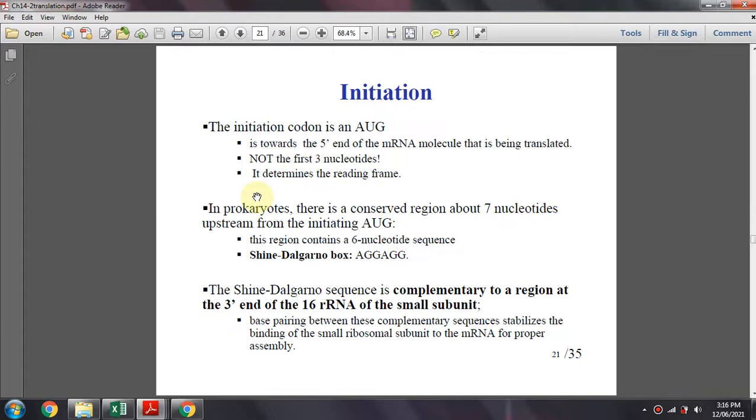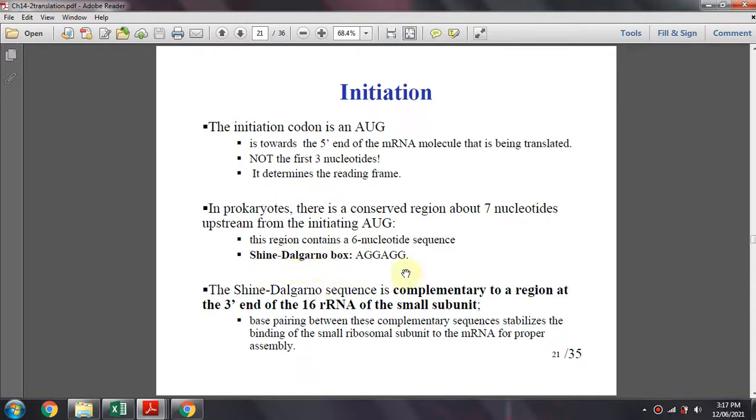To the left hand side or to the upstream side of the start codon, there is a sequence which helps in binding of smaller subunit of ribosome to the mRNA. In prokaryotes, there is a conserved region upstream to the start codon, AUG, known as Shine-Dalgarno sequence.